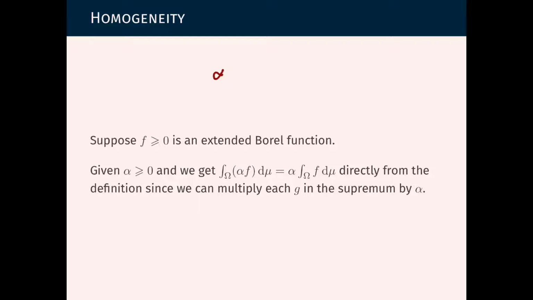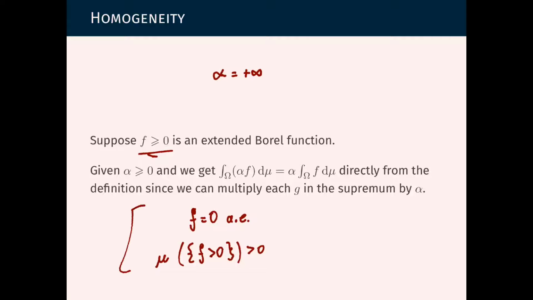So we are left with the case when alpha equals plus infinity. Now remember here, f is a non-negative function. So there are two possibilities. Either f equals 0 almost everywhere, or f will be larger than 0 on a set with positive measure. In the first case, if f equals 0 almost everywhere, it doesn't matter whether we multiply it by infinity, it will still be 0 almost everywhere.